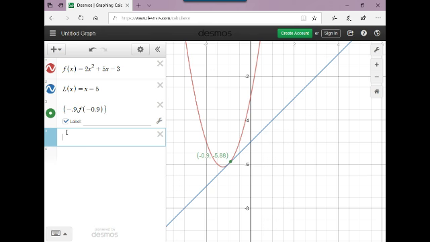But if we plug -0.9 into the linearization, we're just subtracting 5, right? x minus 5, so it's going to be -5.9 there.